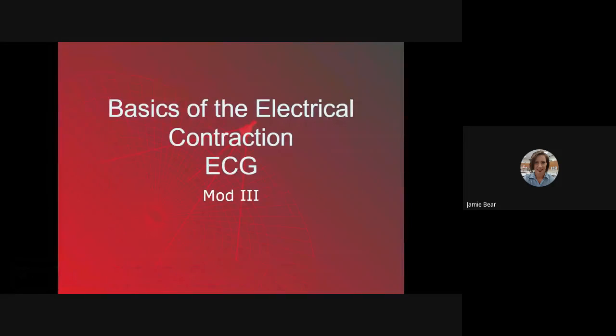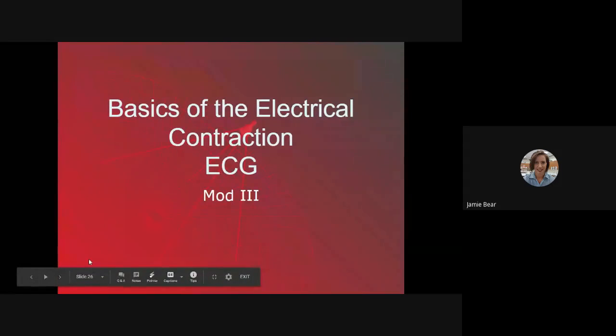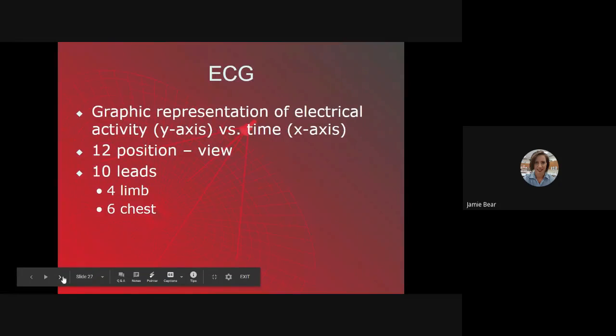Okay, so let's look at the basics of the electrical contraction, or the ECG. The ECG is a graphic representation of electrical activity on the Y vertical axis versus time on the X axis. There are 12 positions, or we should say 12 different views.